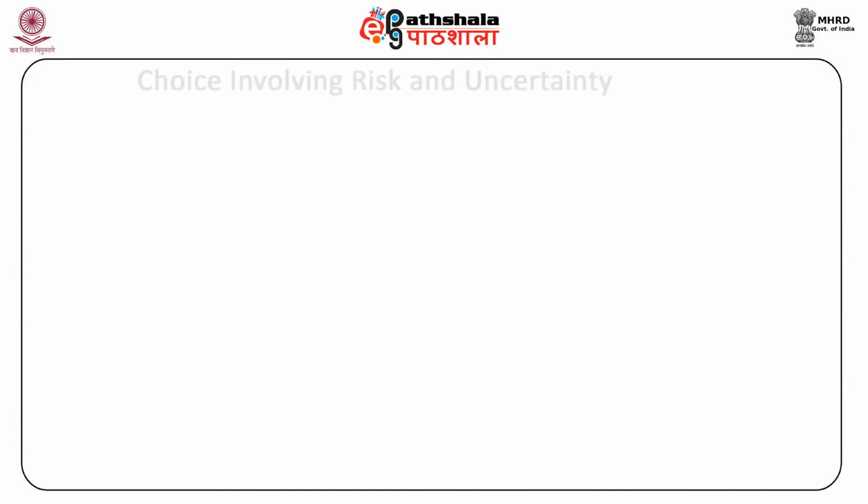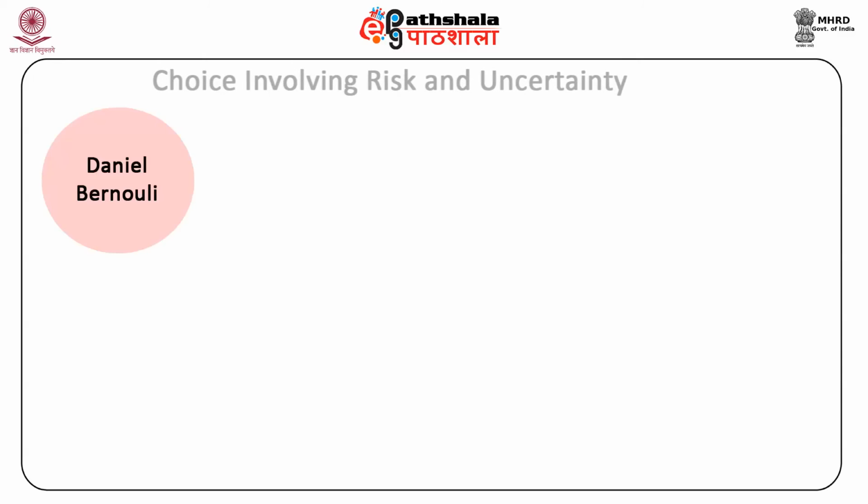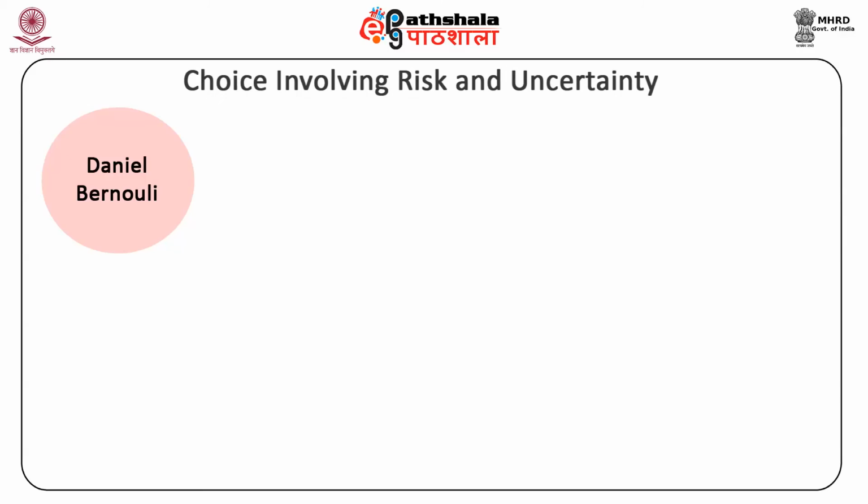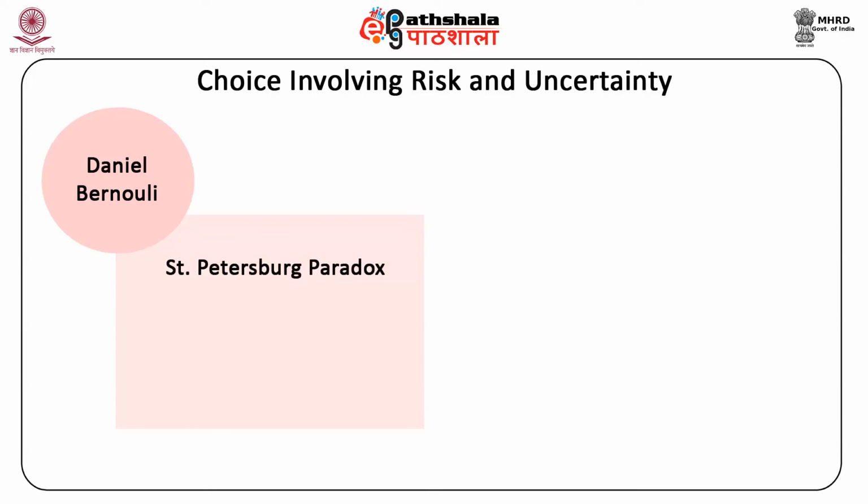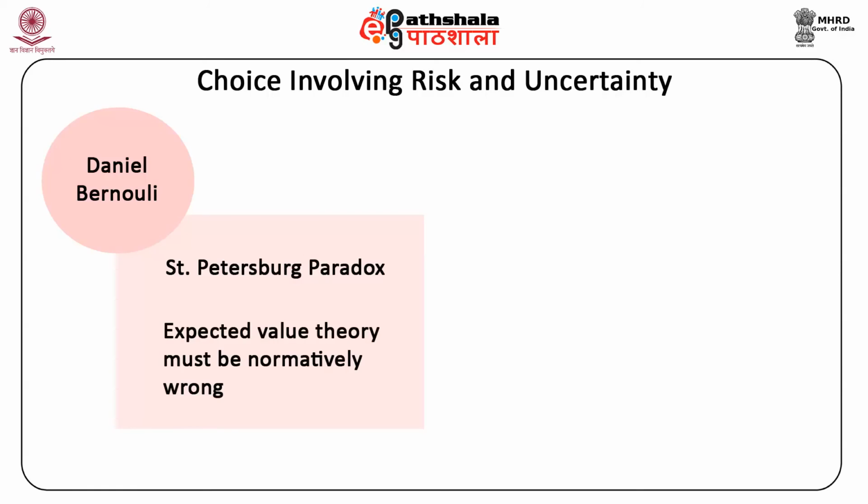In 1738, Daniel Bernoulli published an influential paper entitled Exposition of a New Theory on the Measurement of Risk, in which he uses the St. Petersburg paradox to show that expected value theory must be normatively wrong.